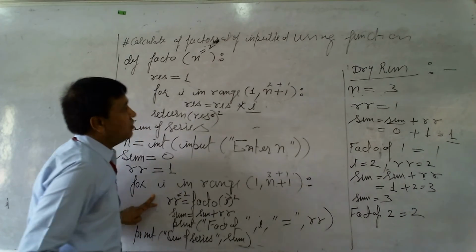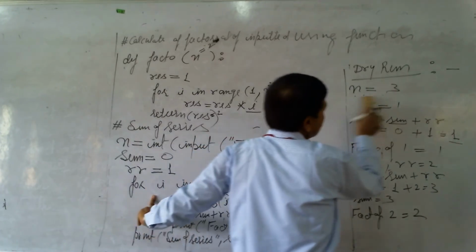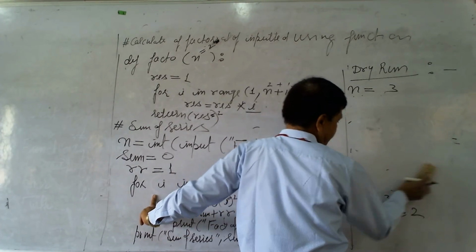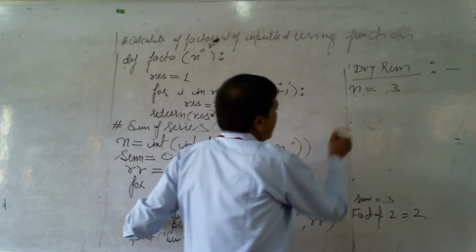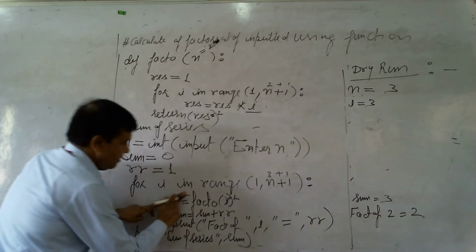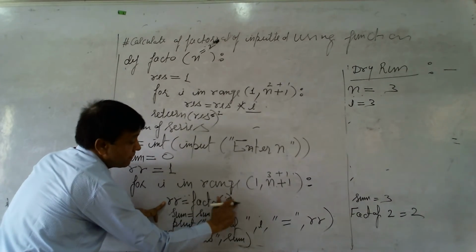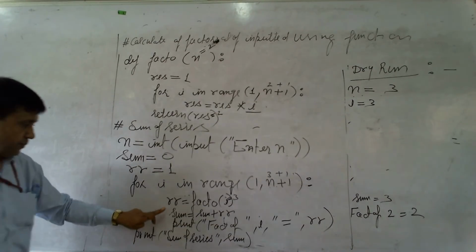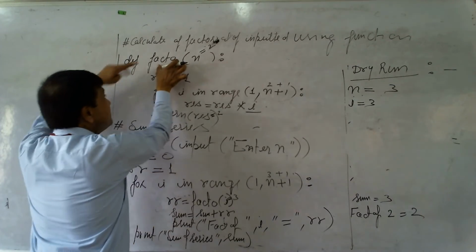Now the value of I will be 3. I will show you here another step of the execution. This is now I equal to 3. Fine. Now this statement again will be executed. Now the value of I is 3, and the program again directly jumps to this function definition.